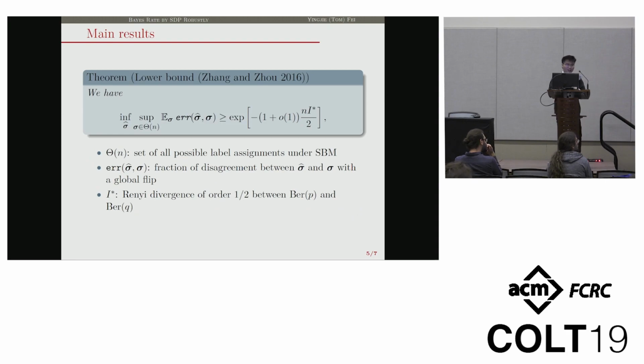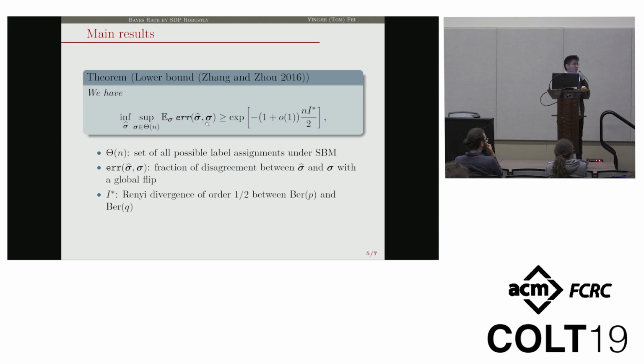Let me explain what we mean by Bayes rate. The left-hand side of this inequality, this minimax rate, is known as the Bayes rate. Let me explain the notation here. The inner quantity, the error of sigma hat and sigma, is the fraction of disagreements between sigma hat and sigma with a global flip.